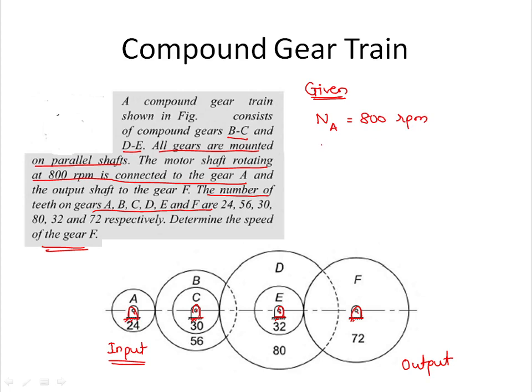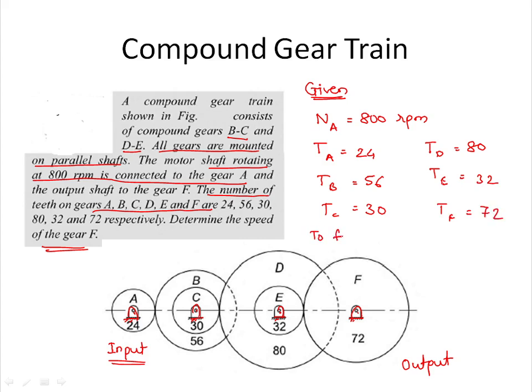Then the teeth on gears A, B, C, D, E and F are 24, 56, 30, 80, 32 and 72. So we'll just note down. So TA will be 24, TB is 56, TC is 30, TD is 80, TE is 32, TF is 72.